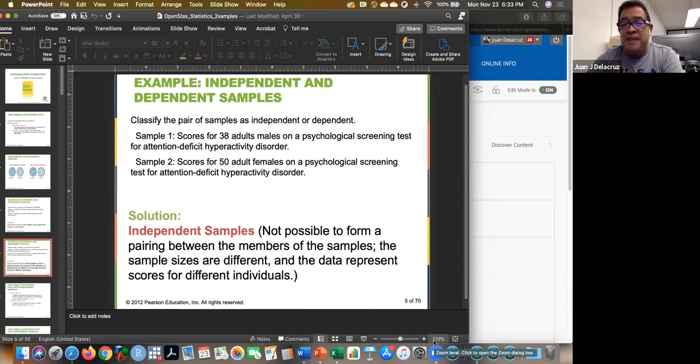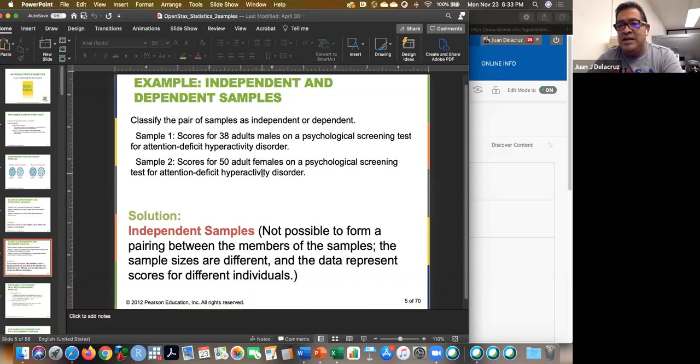So that is basically an independent sample, right? We have 38 males and 50 females, so they are different groups. Of course, we are assuming that males cannot be in the group of females and vice versa.